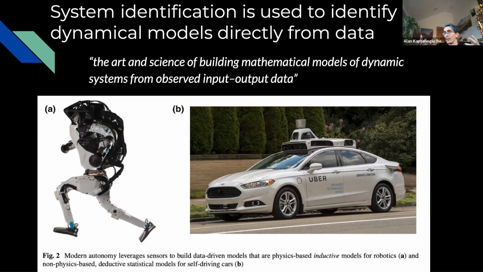You train these with probabilistic rules, and based on that, it decides what to do. Both are useful, obviously, but I'll be focusing on the former today, these equations-based models that you can extract from data. I want to keep this relatively informal, so please interrupt with any questions at any point.